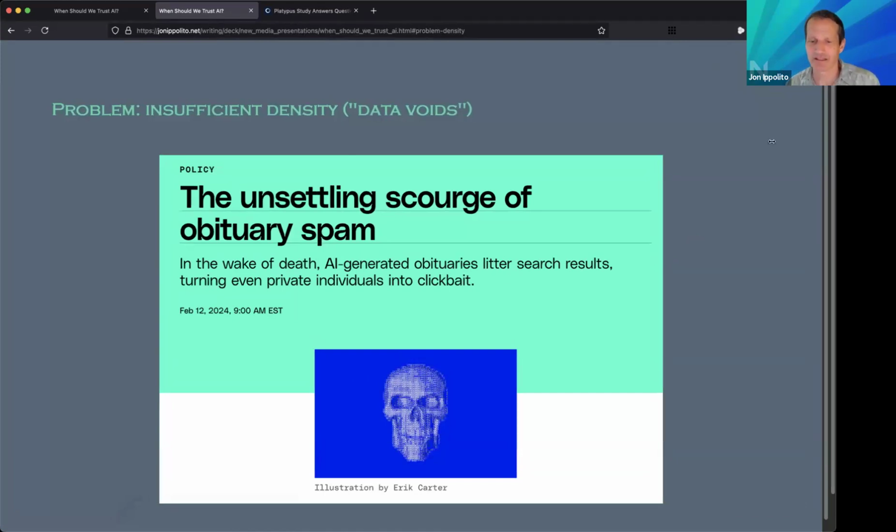So this is really awful. Essentially, in order to get search attention and drive ad revenue from search engines, companies and individuals are creating fake obituaries using AI based on just some random details that they can figure out about a person.